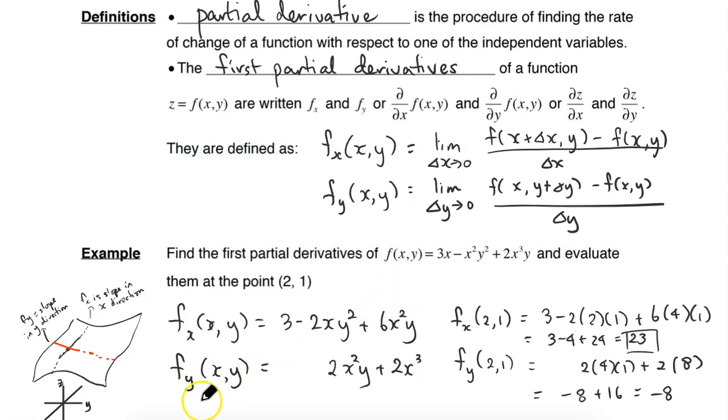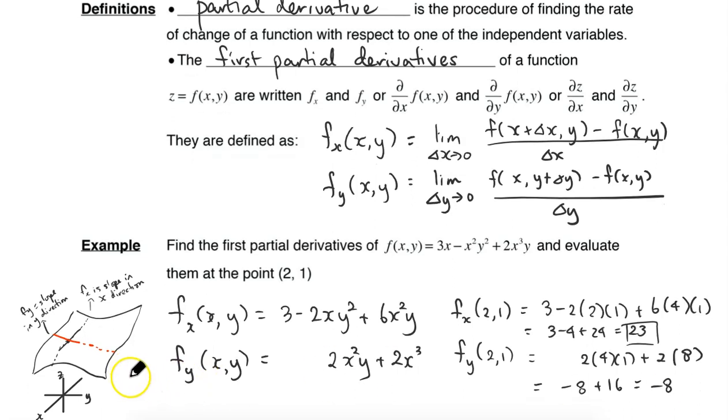We can do the same with the first partial derivative in terms of y, and this time 3x is a constant, so its derivative in terms of y is 0, minus x squared times 2y plus 2x cubed times 1. So here it is, and then we plug in and we find that if we look from point 2, 1 in the positive y direction, the slope is negative 8.